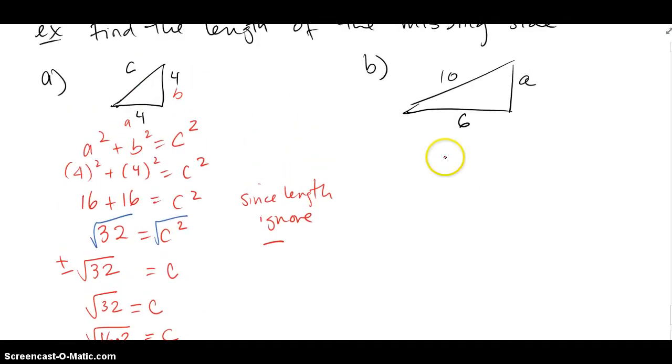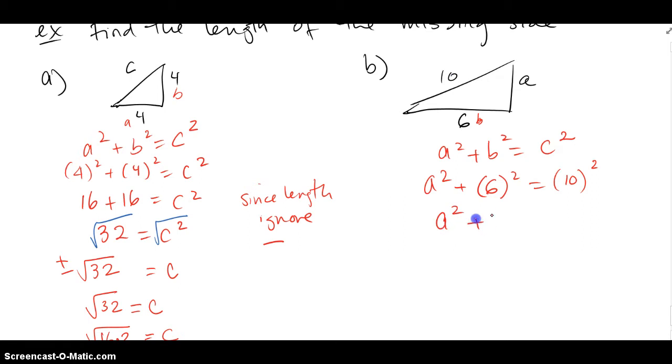Now let's go do part B. This time we don't know a, we do know b is 6, given here, this must be b. And on the right side, the formula says it should be c squared. So c in this case, according to the picture, is 10. That'll be a squared plus 36 equals 100.